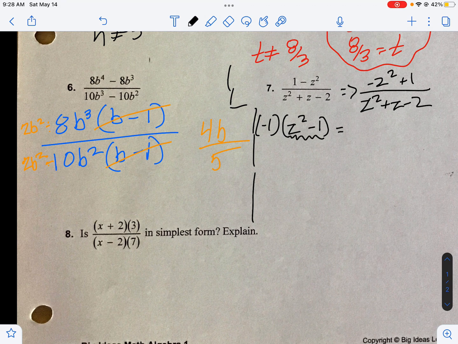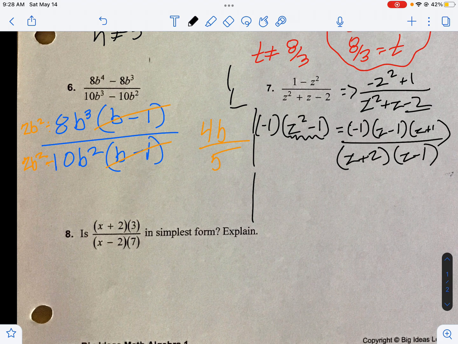This would be what can we multiply to get a negative 1, add to get 0. So really, our numerator would be this right here, z minus 1, z plus 1. It'd be that plus minus trick. Our denominator, then, we think about what can we multiply to get negative 2 and add to get positive 1. So we would have z plus 2, z minus 1.